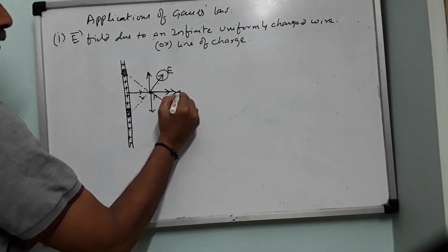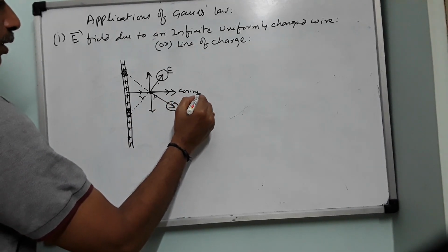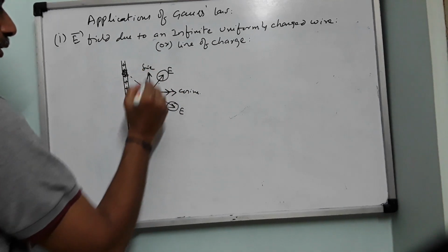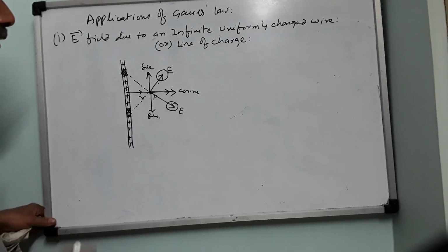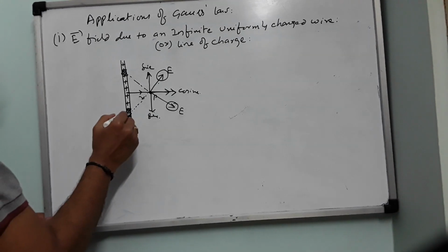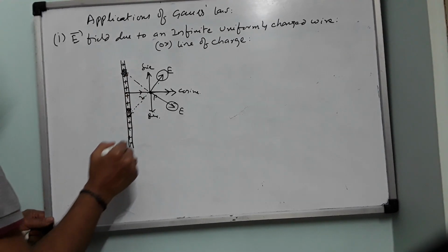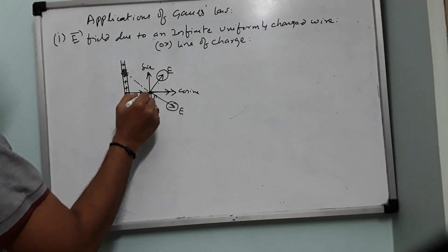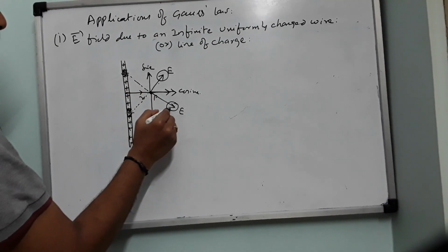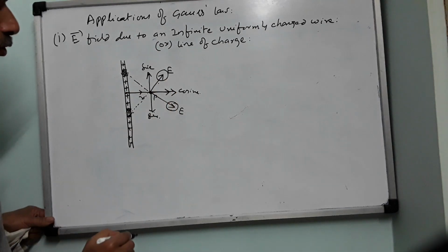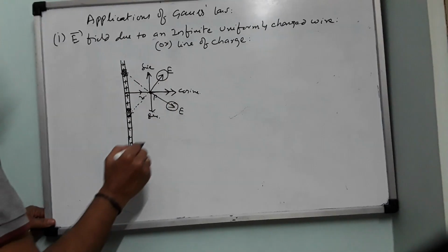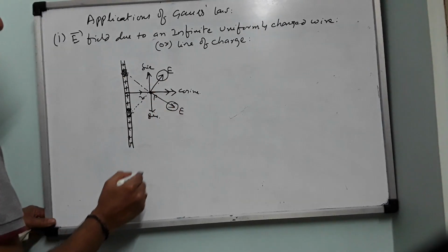As these two elements are located at equal distance from point P, the magnitudes of this field and this field are equal, though the directions are different, and the components also have the same magnitude.